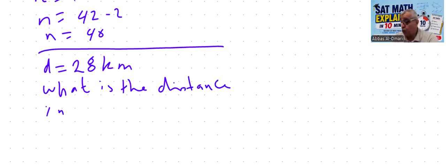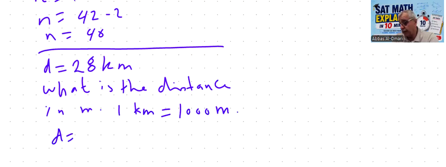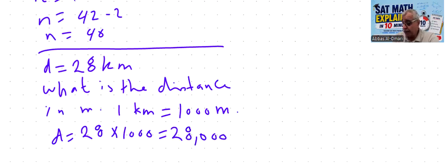Now we know that 1 kilometer equals 1,000 meters. So distance equals 28 by 1,000, 28,000 meters. Again, this is a very simple problem. Unit conversion between kilometer and meter. 1 kilometer equals 1,000 meters.